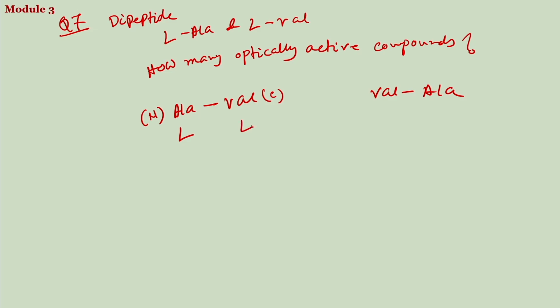This can only be L. D is not possible because you have not used it. Here also L, L. So how many optical compounds in total? There will be only 2 compounds or 2 dipeptides, both optically active.